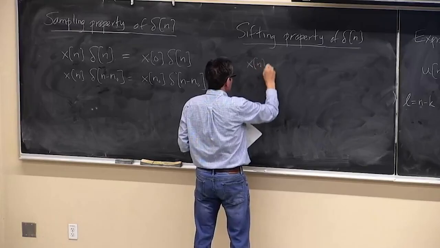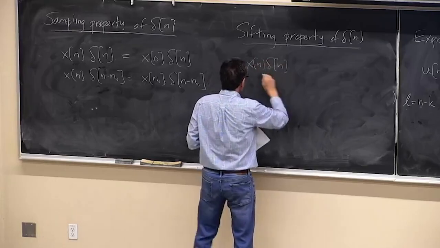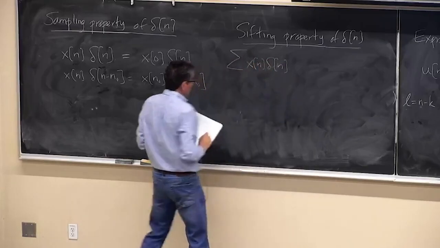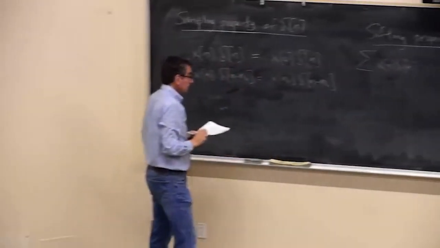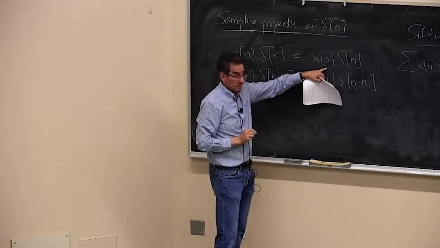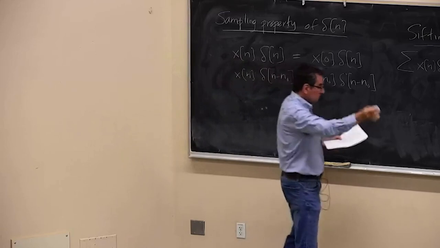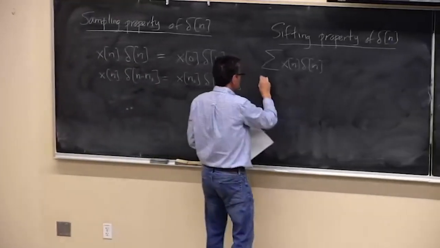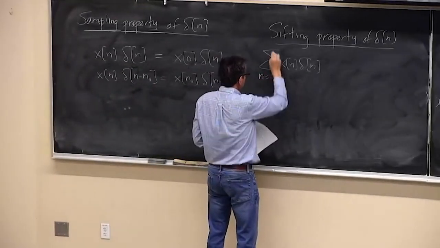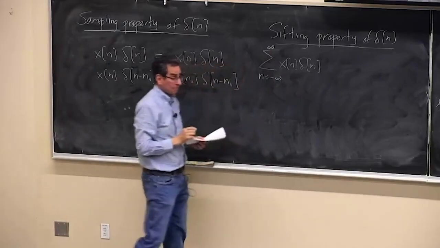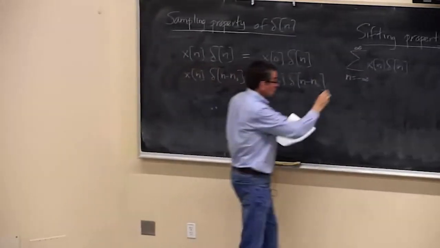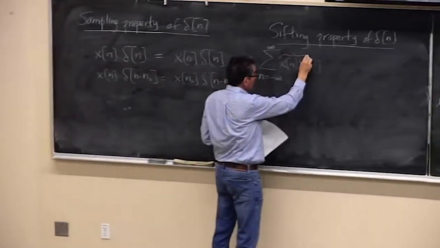It says if we take the product of x of n with delta of n, so we know what that looks like, and now we integrate it, so sum it from n equals minus infinity to infinity. This is a new signal.